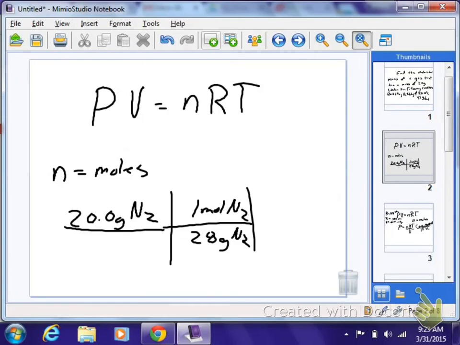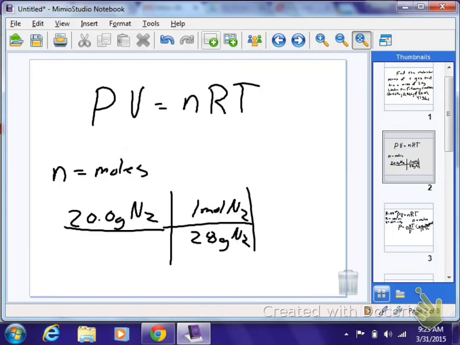Okay, so what we can do is substitute in 2 numbers for n. We're not going to use n anymore in these new problem sets. We're going to use 2 units that can be used to solve for moles. What symbol would we use when we're given the grams of a sample?